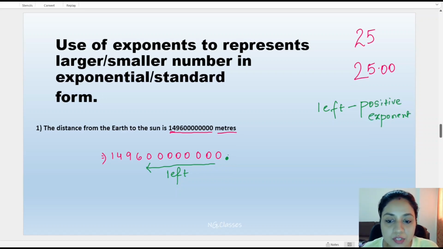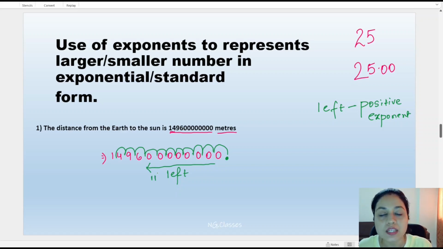The decimal will go from here to here, 1 place, from here to here, 2 places, again 3 places, 4 places, 5, 6, 7, 8, 9, 10 and 11. So it is moving 11 places towards the left.